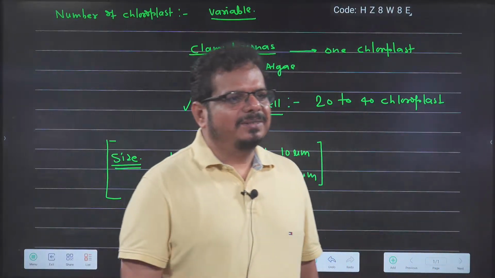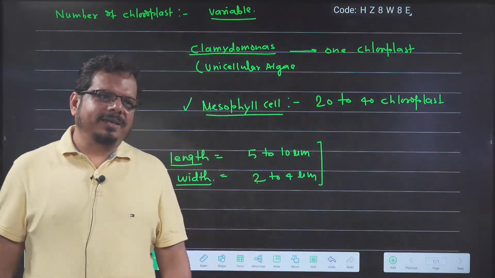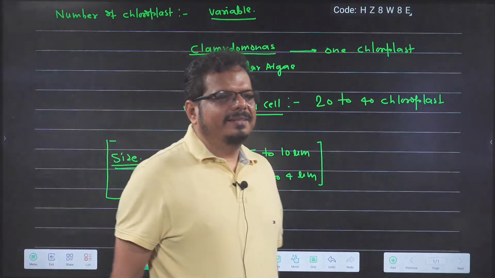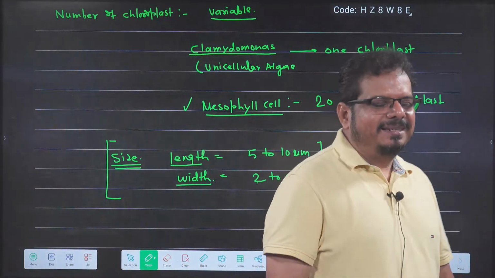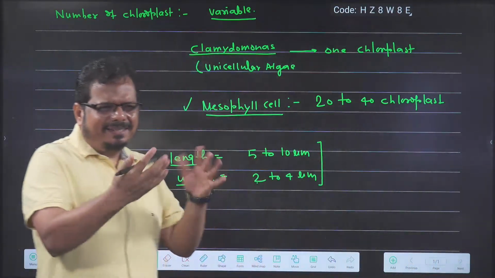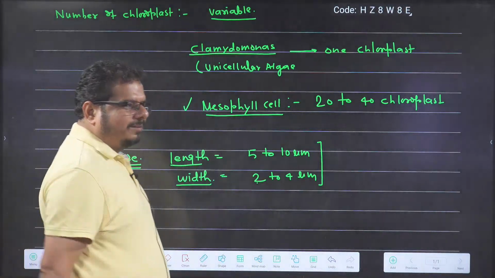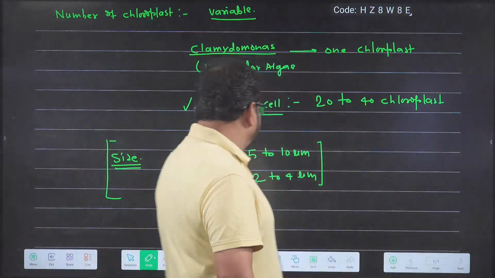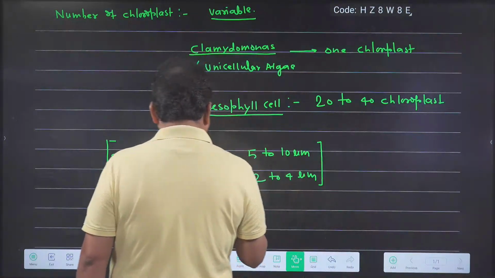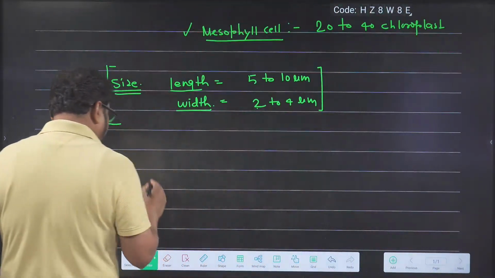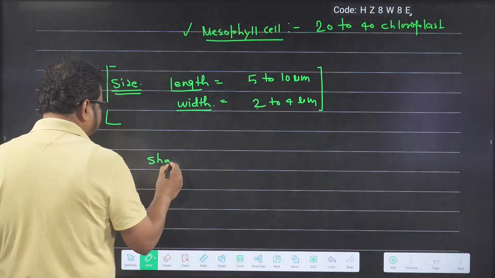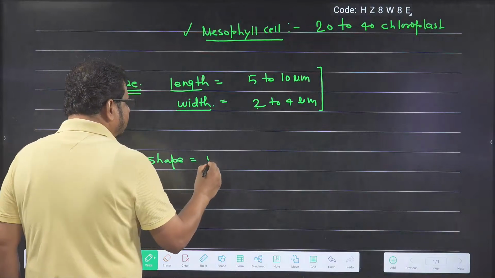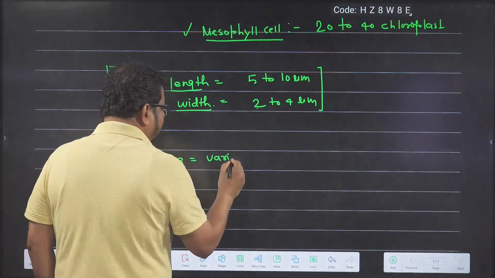So the statement that mitochondria is a smaller cell organelle than chloroplast is correct. Easy thing, right? From size we make a question. In exams, people also make questions like this. Right. After that, we are going to talk about the shape of chloroplast. A variety of different shapes are there.